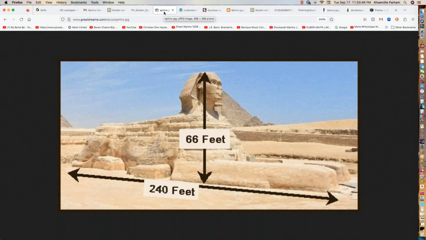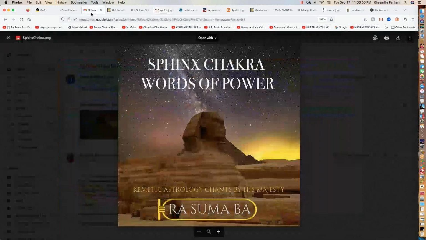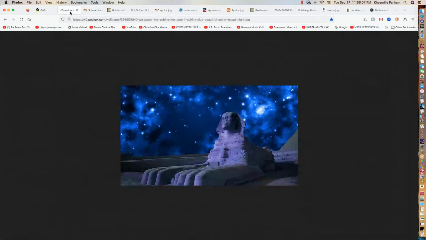Now, pi is shown in the Sphinx several ways, but if you took around his head, his headband, okay, if you put a headband around him, which he does have, and you measure that, it measures 103 feet.